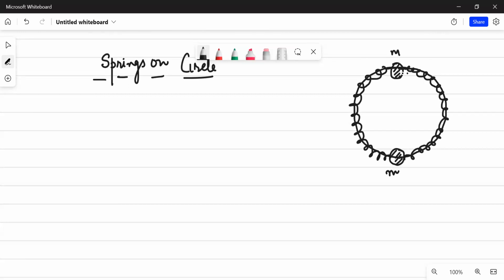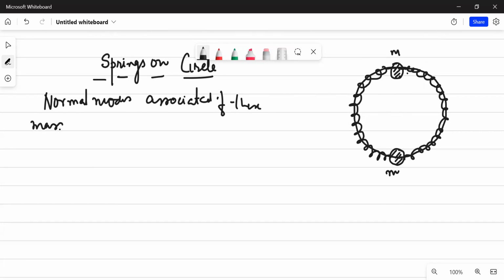And we want to find the normal modes associated to this, if these two masses are constrained to move on this circle only.